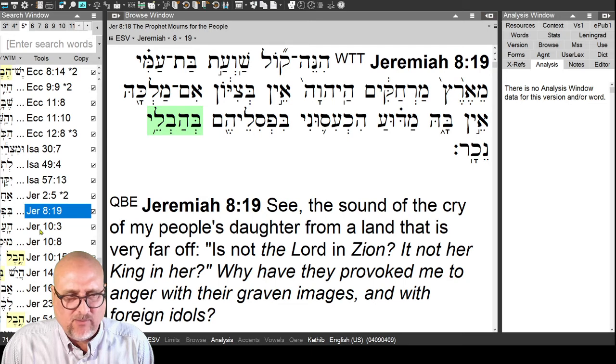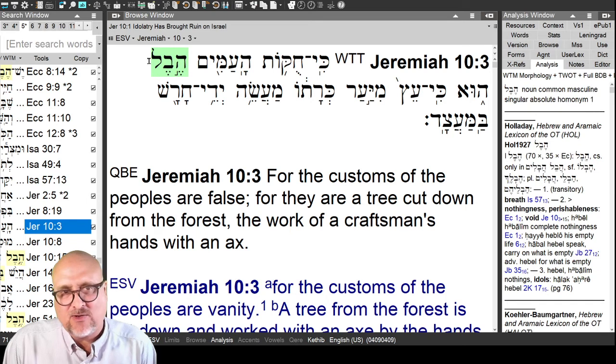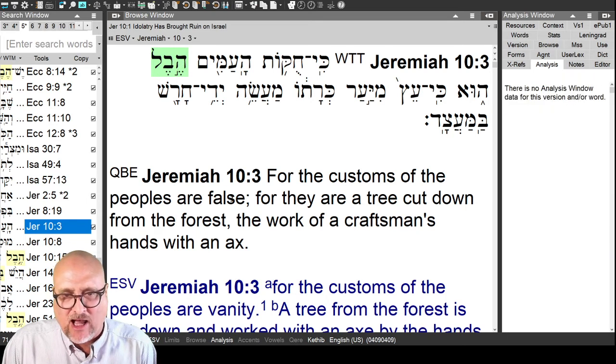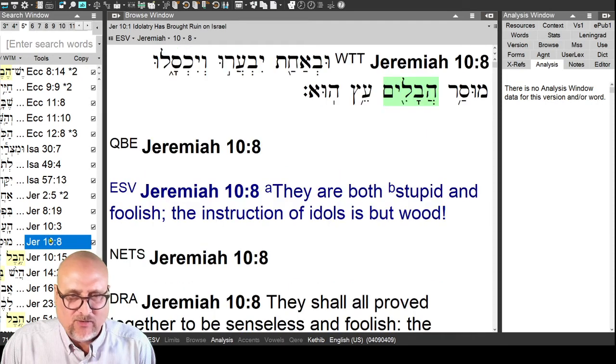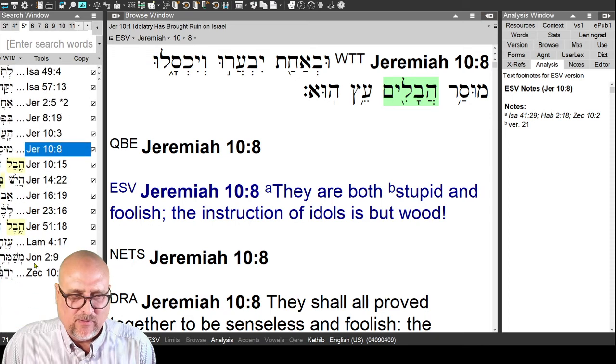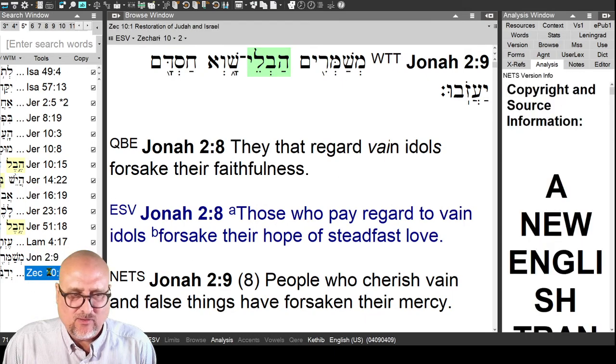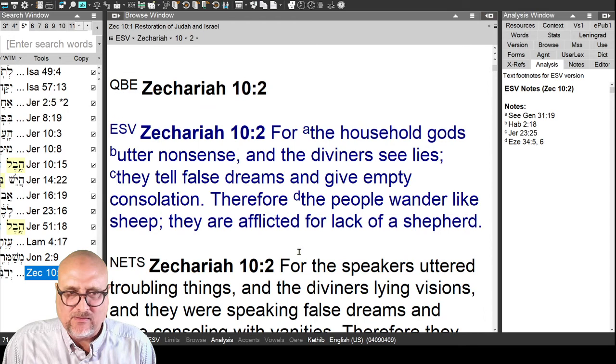Maybe graven images. The customs of the people are a lie. Okay, that's how it's being translated. They are both stupid and foolish idols. Vain idols. Empty consolation.